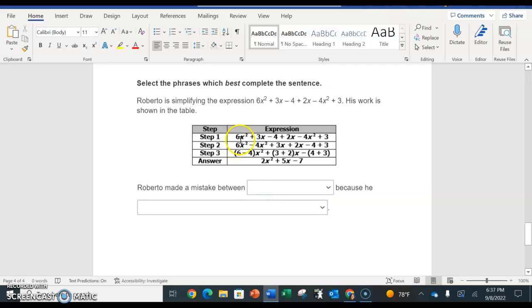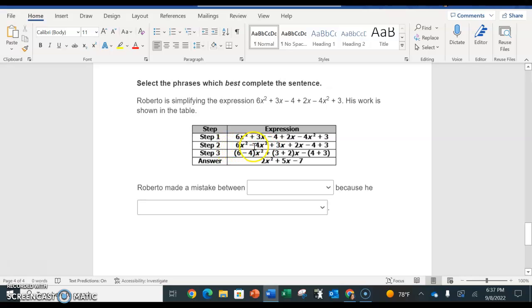So we've got 6x squared. And it looks like the next step he used associative property. He moved this over so the x squares are beside of each other. Then we've got 3x plus 2x, negative 4 plus 3. So it looks like everything is correct between steps 1 and 2. He just rearranged to put like terms close to each other.